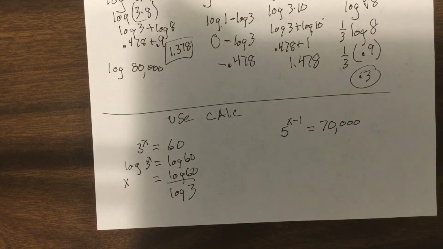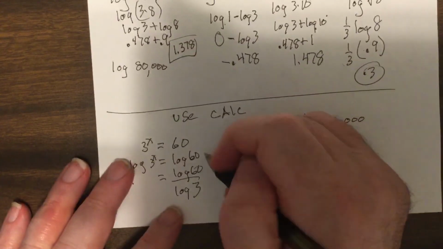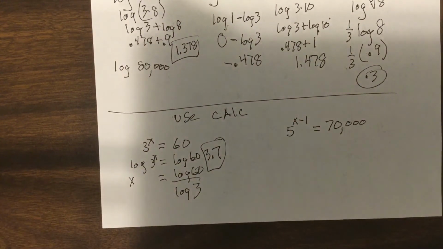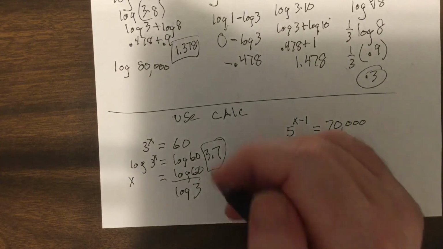So I'd have log of 60 divided by, oops, I messed up. I got to use parentheses on this old one. Divided by log of 3. And it says 3.7. Do the hundredth, so it'd be 3.73.